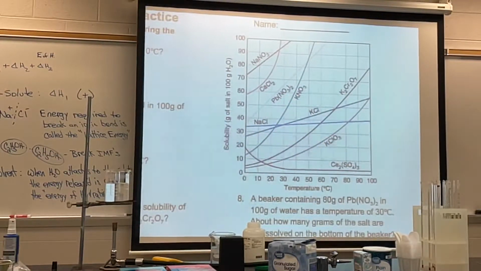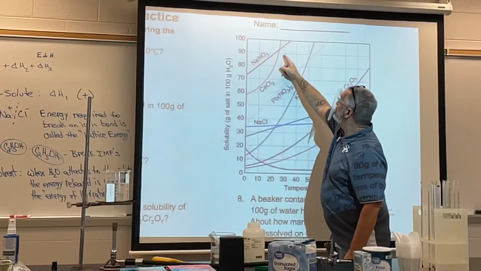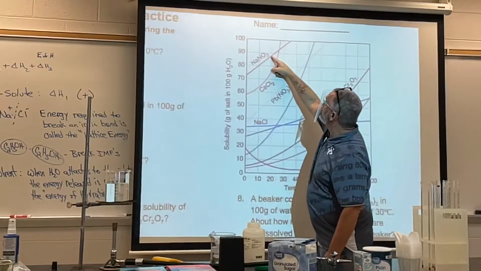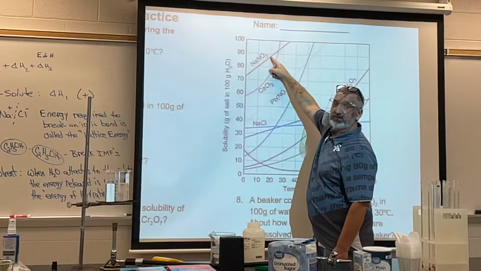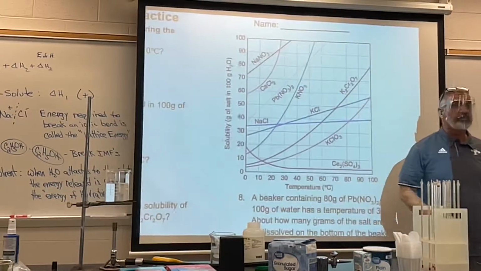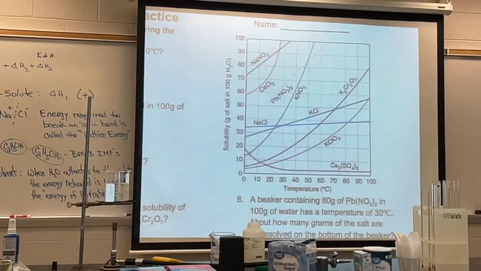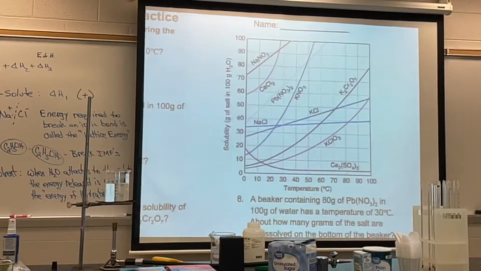This just gives us solubility of different things. Now, what if I said, okay, so it's 88, which one did I just say? NaNO3 was about 88 right there. What would it be in 200 grams? How much would dissolve in 200 grams? That's per 100 grams. Just double it, 176.